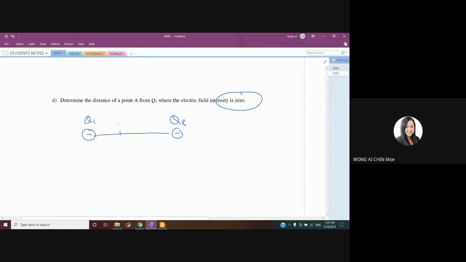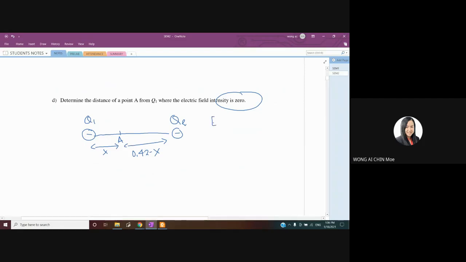This is point A, and this is X. The total distance just now is 42, so it's 0.42 minus X, because the total distance between Q1 and Q2 is 42.